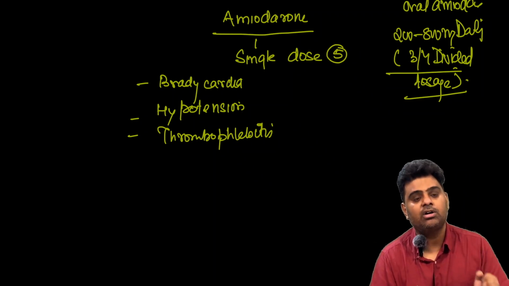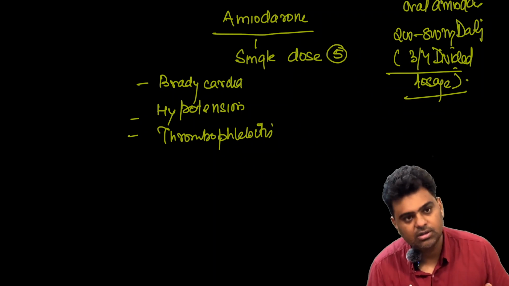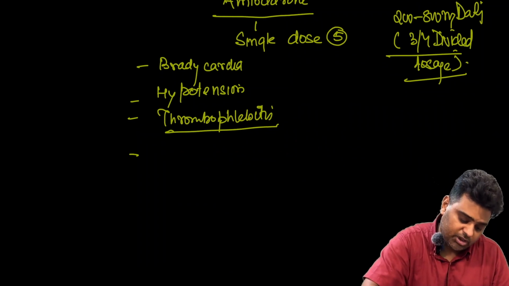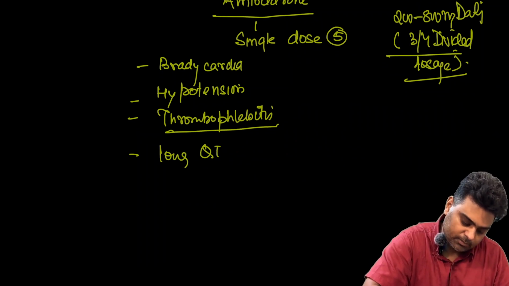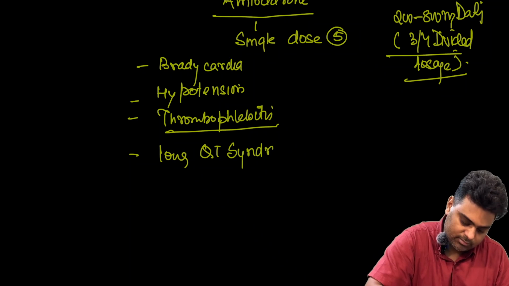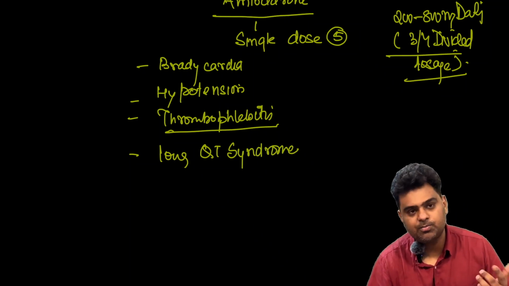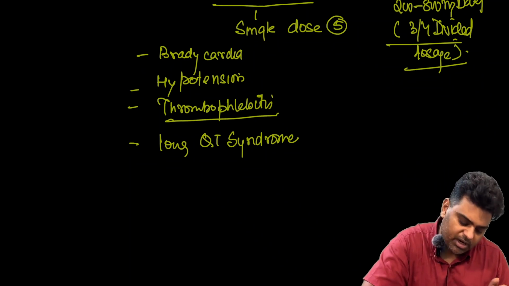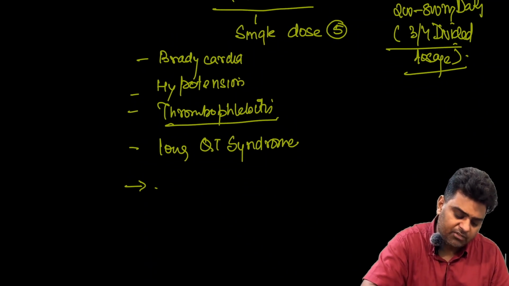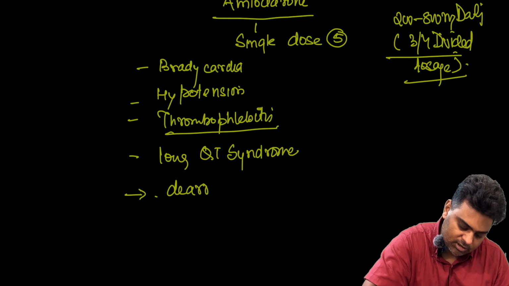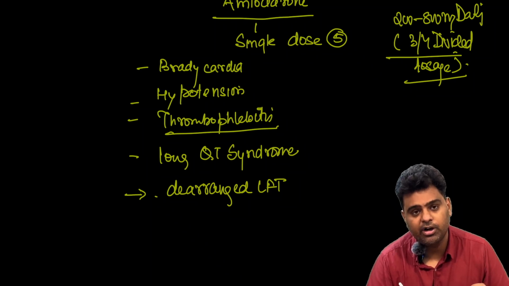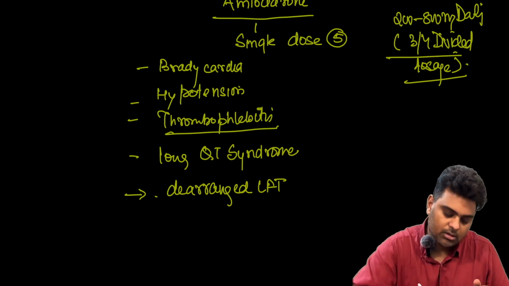It's always better to give amiodarone through the central line, because it can cause thrombophlebitis. Fourth, it can cause long QT syndrome. Any drug which blocks the delayed rectifier potassium channel can cause long QT syndrome. And one more side effect, deranged LFT. So please remember, a single dose of amiodarone can cause deranged LFT.